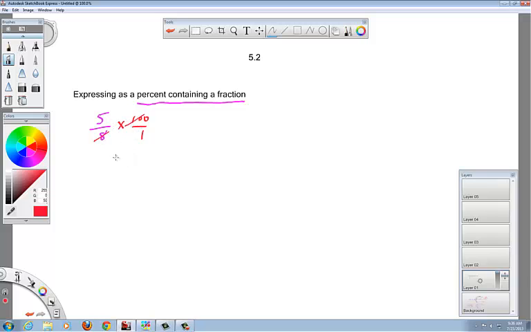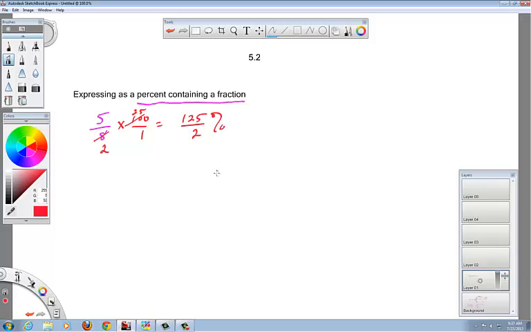Cancel. So find the number that goes into each of those, which would be 4. 4 goes into 8 2 times, and 4 goes into 100 25 times. So this would be 125 over 2, which you would have to then convert back to a mixed number before you slap a percent sign after.